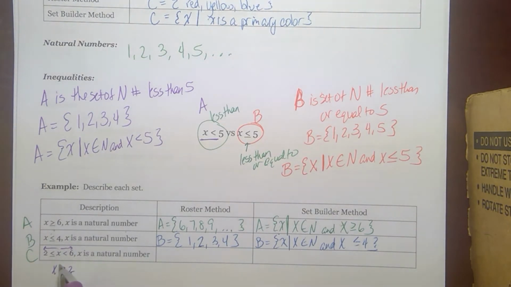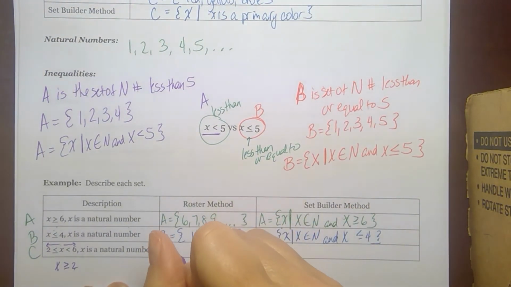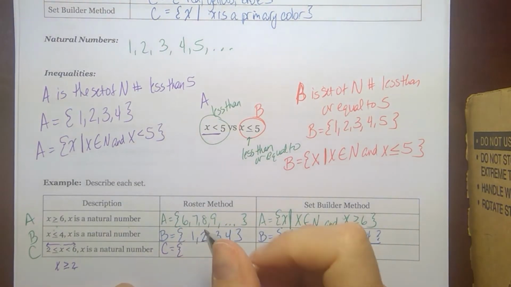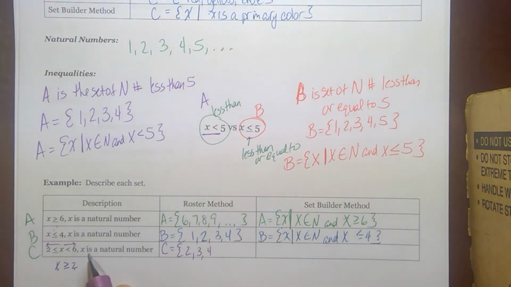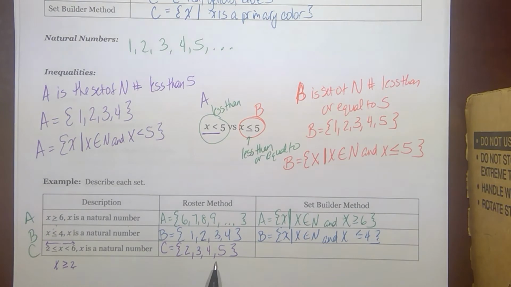My elements have to be greater than or equal to 2 and less than 6. So I'm looking at those natural numbers that are greater than or equal to 2 and less than 6. So set C in roster form, greater than or equal to 2, so I get to start at 2, less than 6. So I have to stop at 5, because 5 is my natural number that is less than 6.